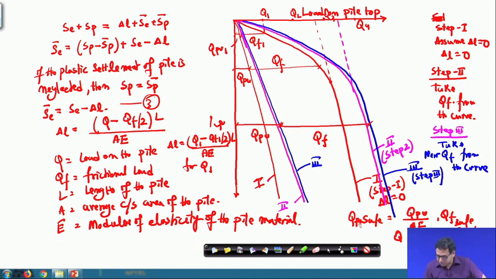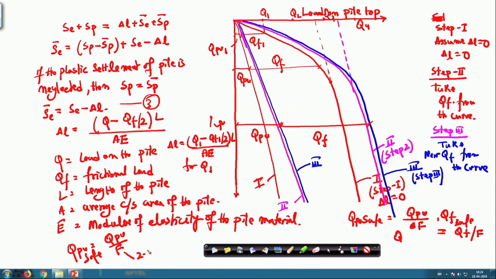So, you can write here that your QPU safe will be QPU divided by F, which is 2.5. Okay. And similarly, QF safe is equal to QF divided by F, which is also 2.5.